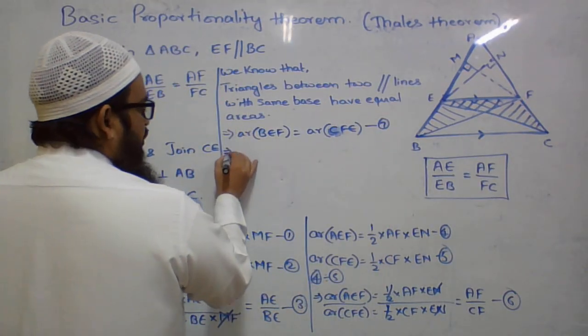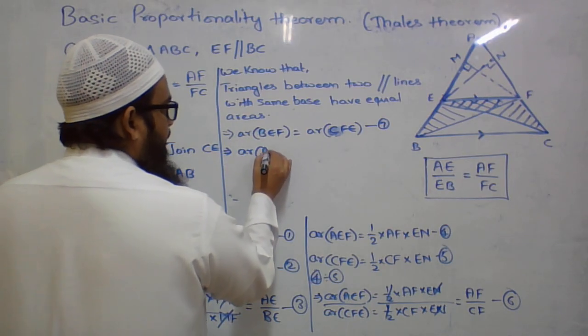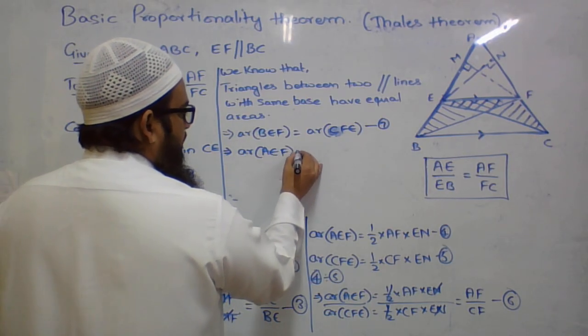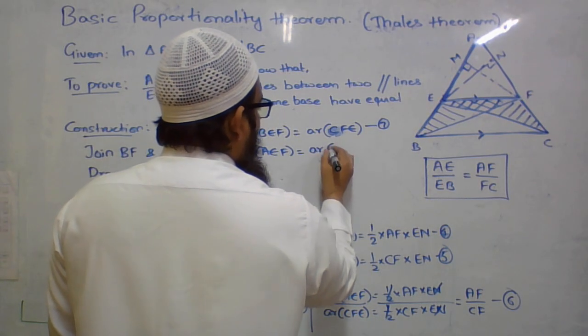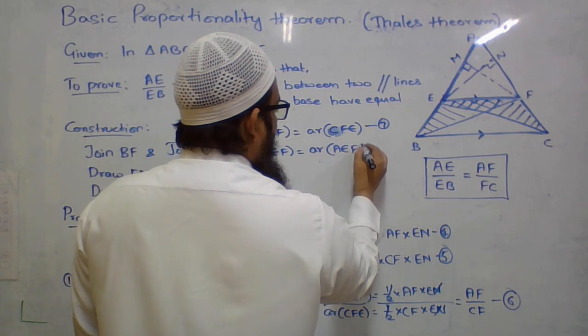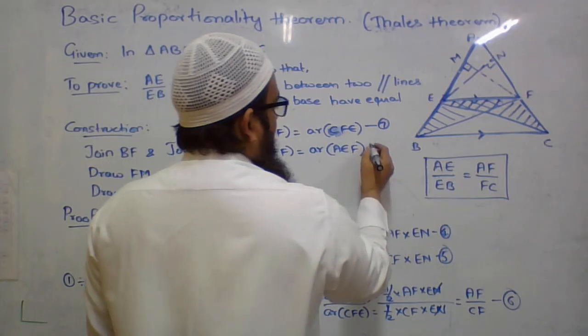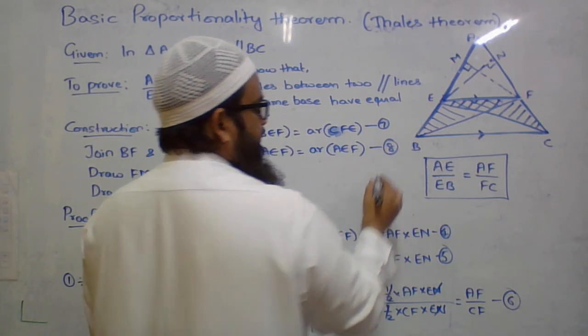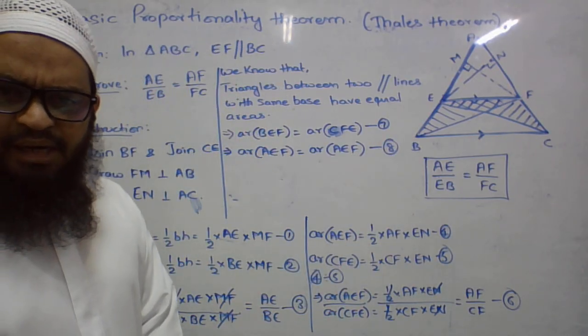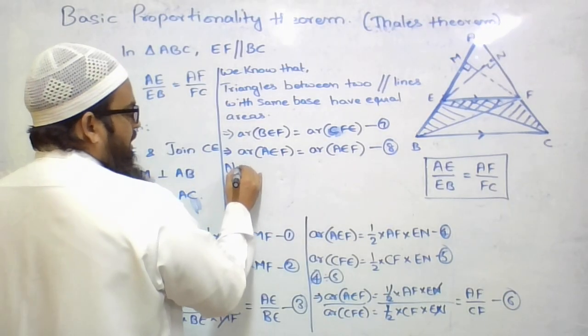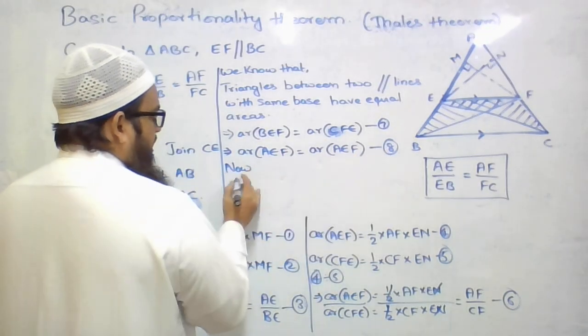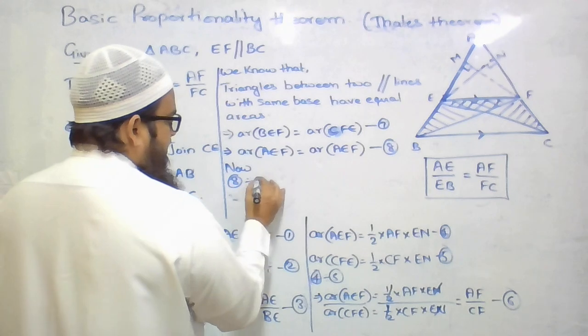And now tell me, area of AEF with base AE and area of AEF with base AF, are those two equal? Yes, those two are equal, right? So now let us divide the eighth equation by the seventh.